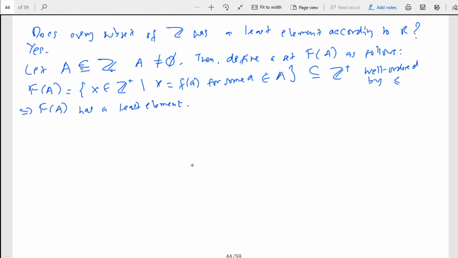So say call it C, so least element C. Now we know that C is in F_A, so there is a y in A such that, of course, C is equal to f(y).